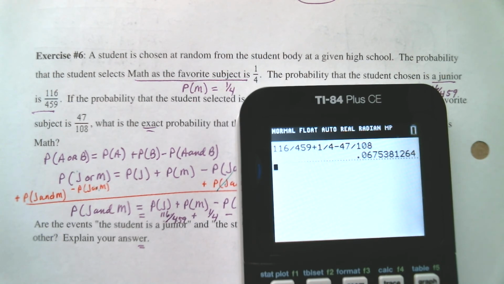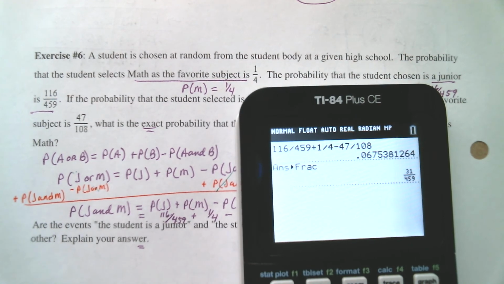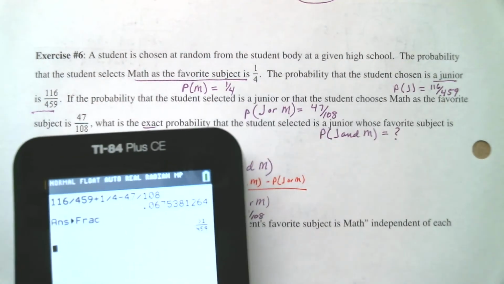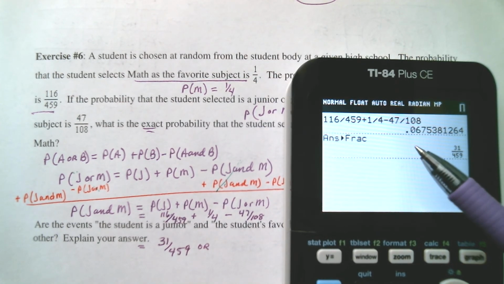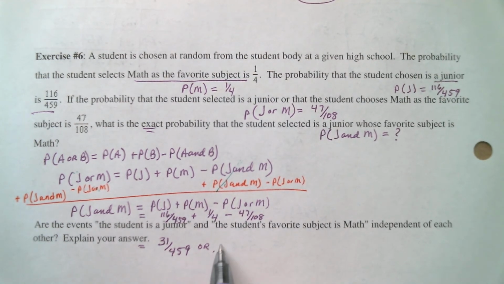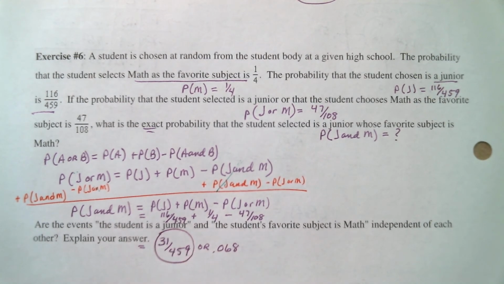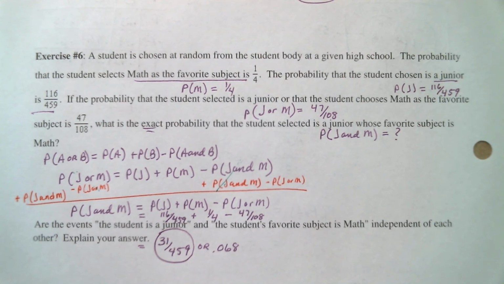And if I math frac that, 31 over 459. Or I'll go with 3 decimal places, 0.068. So that's exercise number 6.